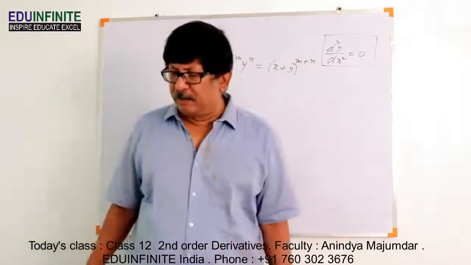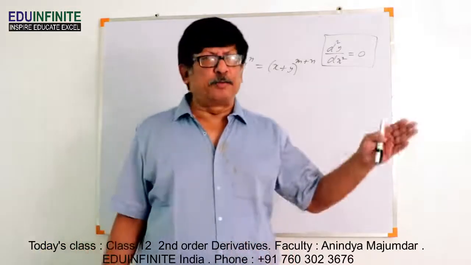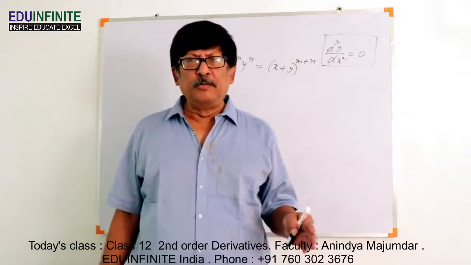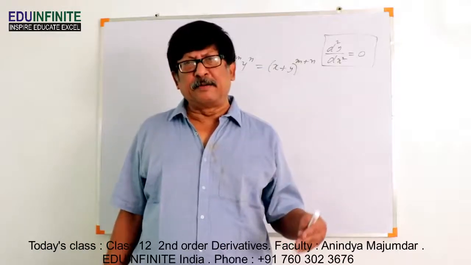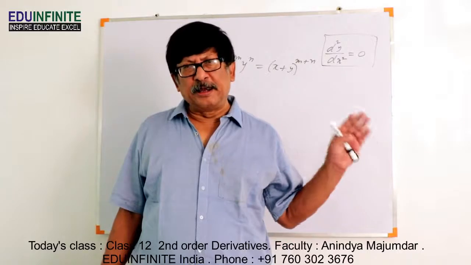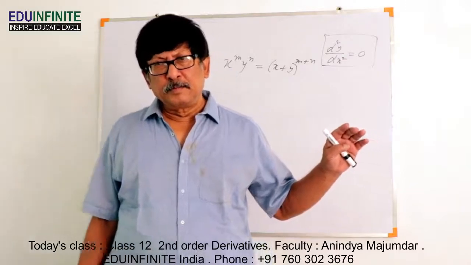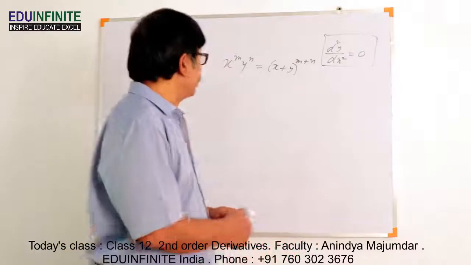Very good, y by x. I think we don't have to do that part once more, because we have already done this sum just a few days back. So shall I skip that portion? Yes, sir. That's fine.